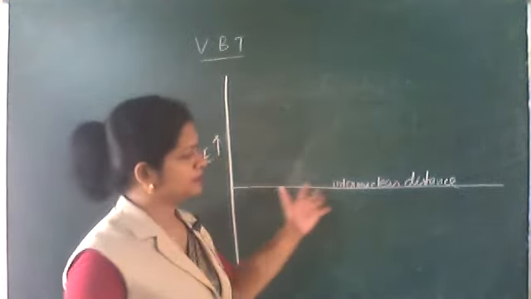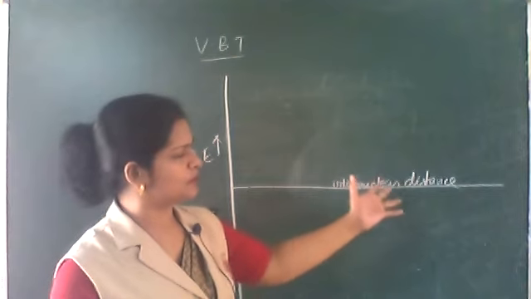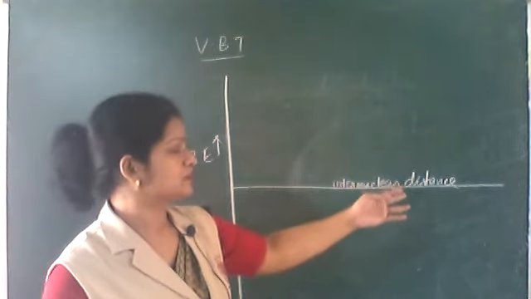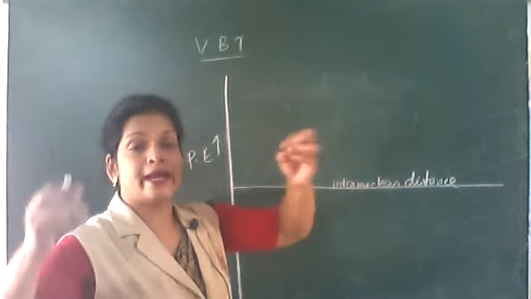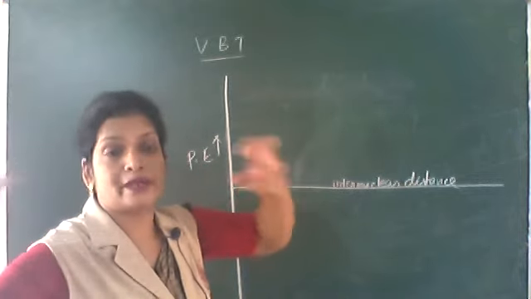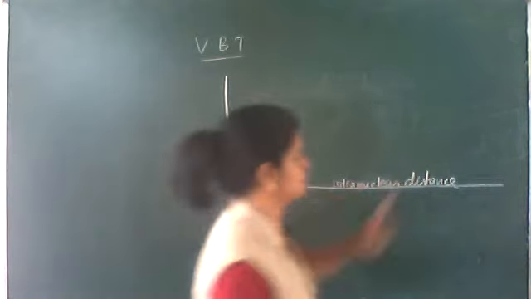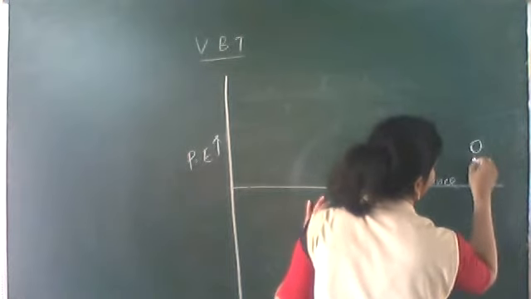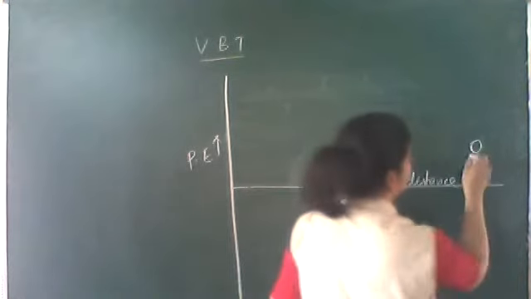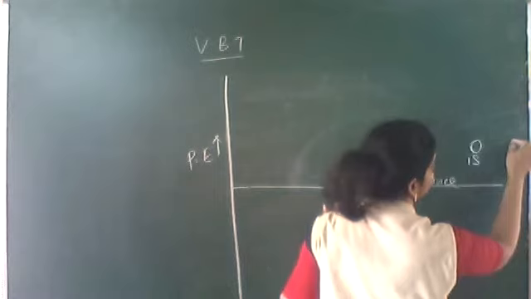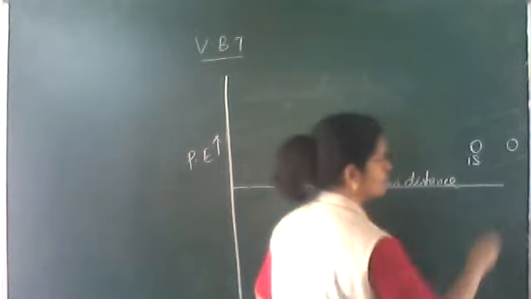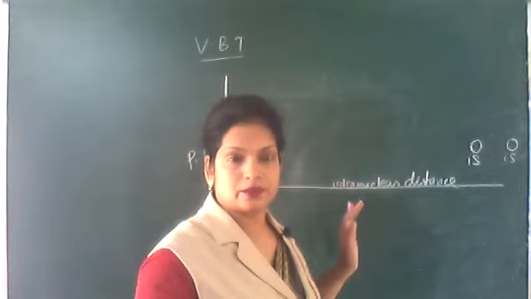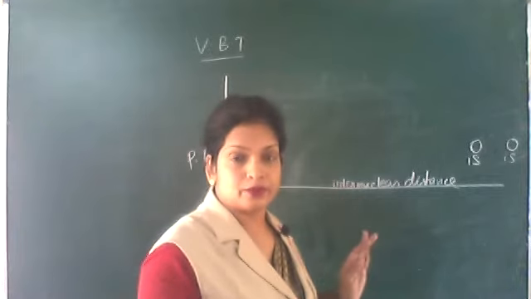If the internuclear distance is large, the atoms are far apart. These two hydrogen atoms are far apart. This is the 1s orbital of one hydrogen and this is the 1s orbital of the other. When they are far apart, only attractive forces are there.